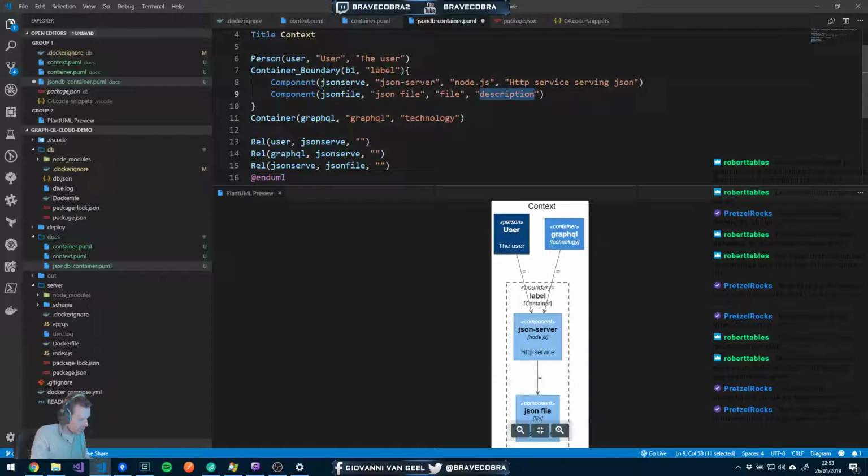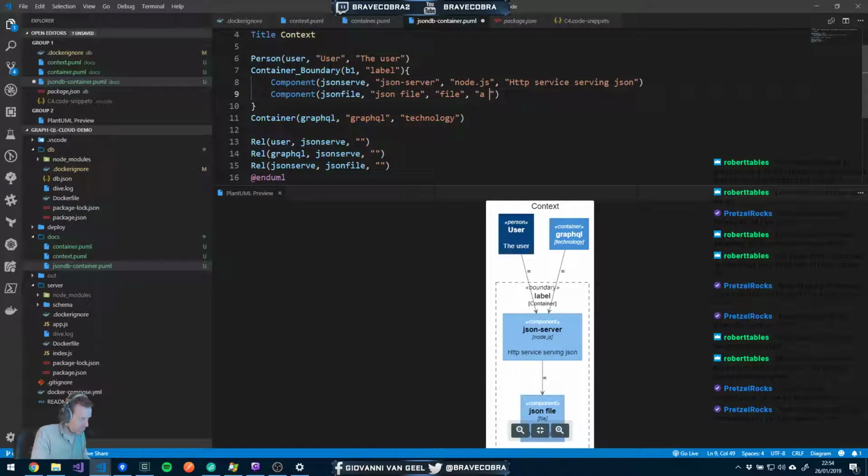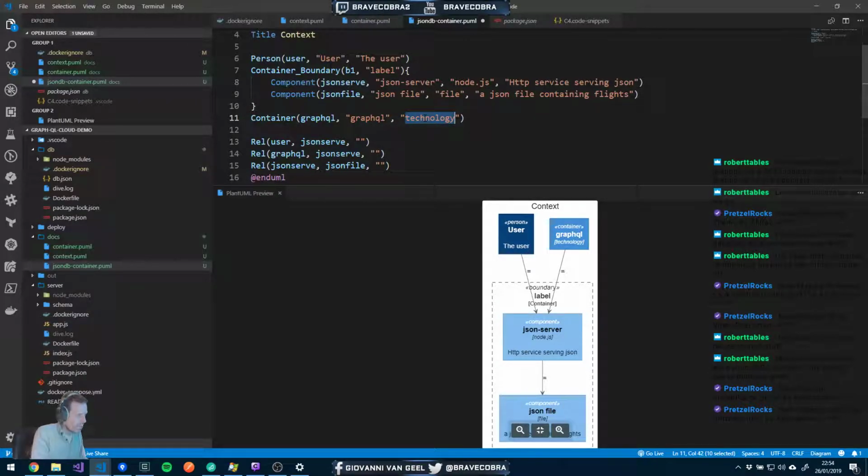So JSON, and this is a JSON file, which is going to be containing flights, and then we have a GraphQL something like that, and this one's going to be the user from the server directly.